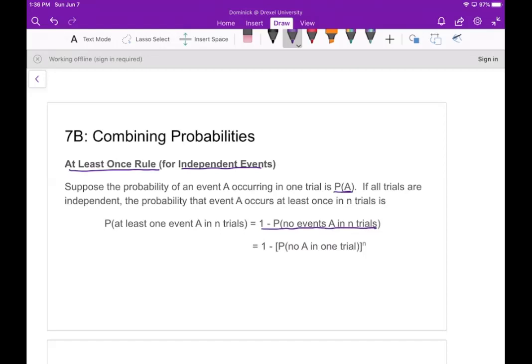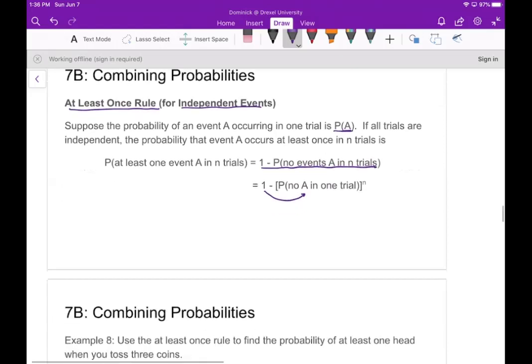So we're sort of using the not probability to our advantage here. And again, we can take this even further: no A in N trials will even reduce to no A in one trial, and then just to the nth power. So let's take a look at an example.